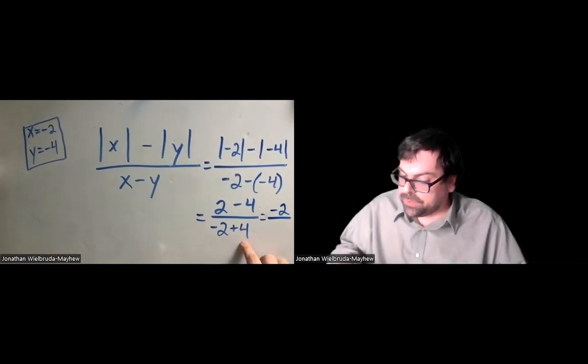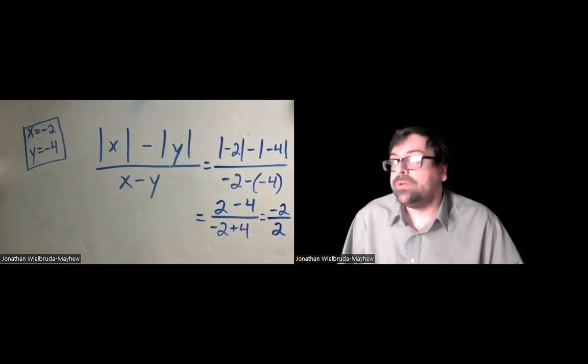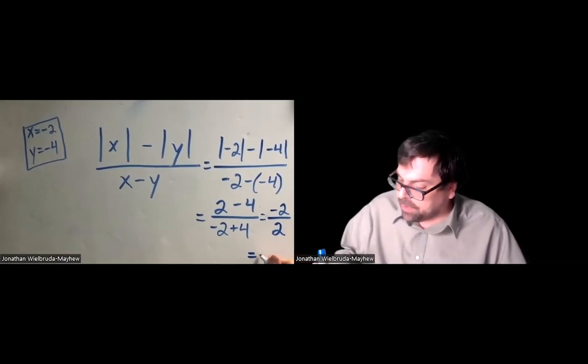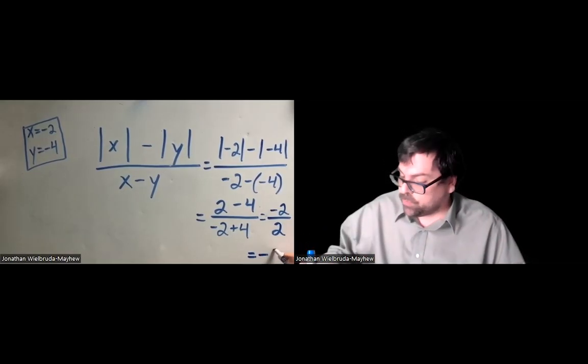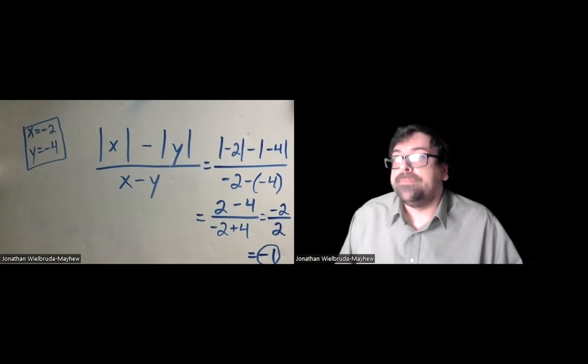Negative 2 plus 4, that's positive 2. Negative divided by positive is negative. 2 divided by 2 is 1. So we get an answer of negative 1.